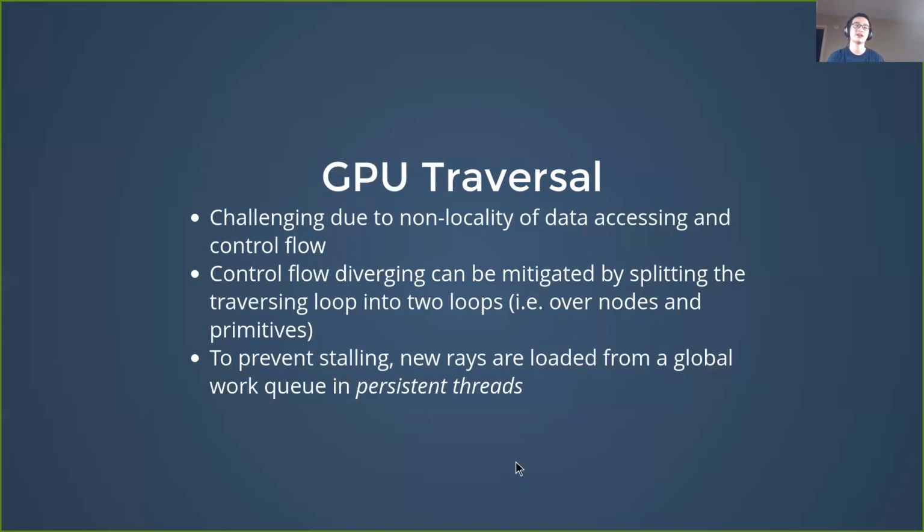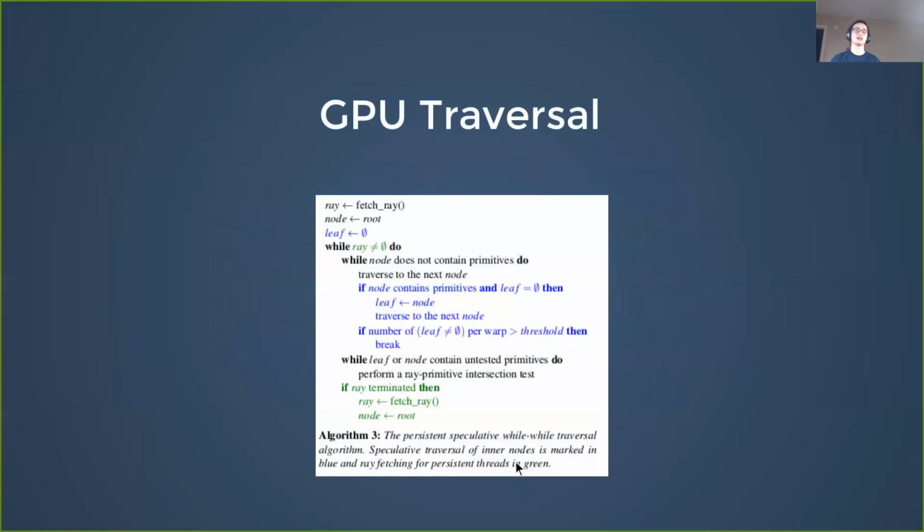But the idea is like this: we just fetch a ray, and then we just keep doing this traversal in a while loop. And if we find the intersection points, then we fetch a new ray.